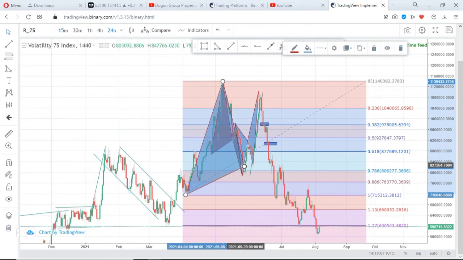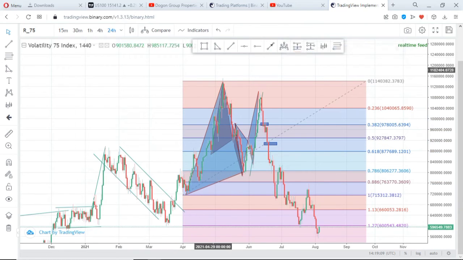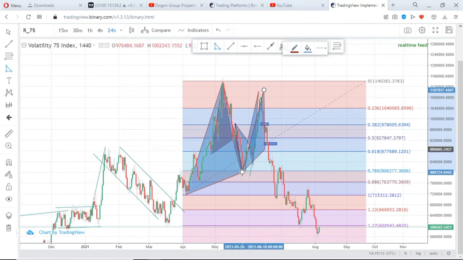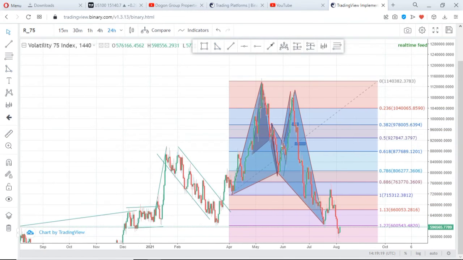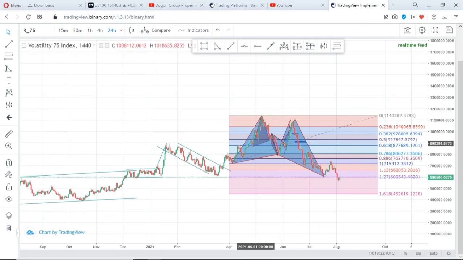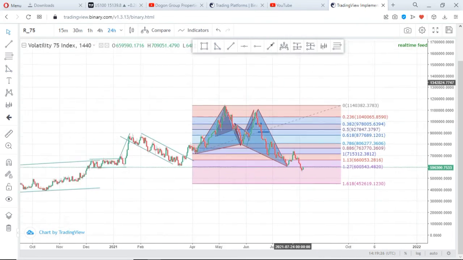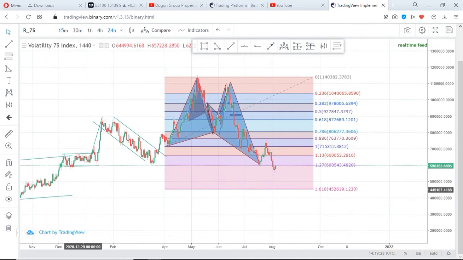Draw another triangle, which takes us to the bottom there, 127. There you go. Which is our bigger pattern right there.